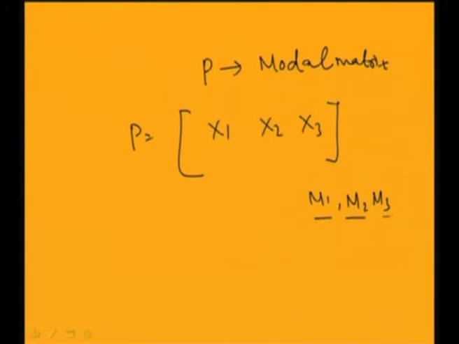So M1 can be obtained from this: M1 equals x1 dash M x1, M2 equals x2 dash M x2, and similarly M3 equals x3 dash M x3.